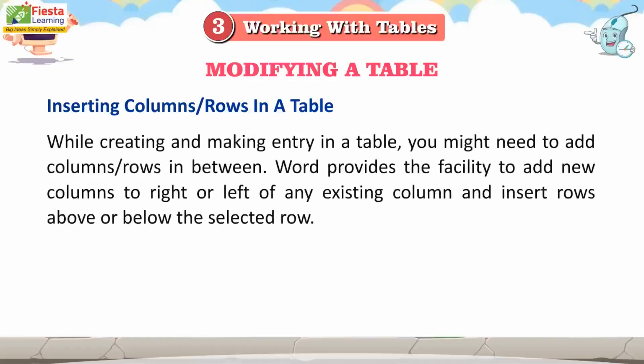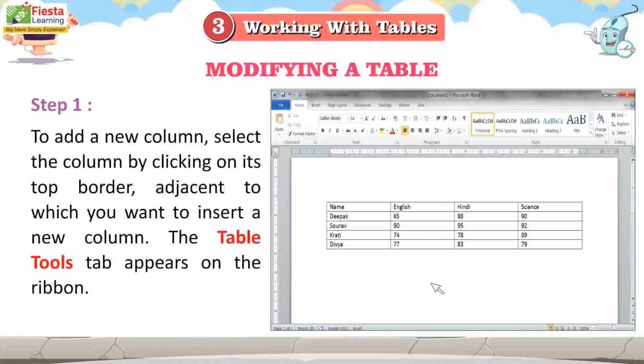While creating and making entries in a table, you might need to add columns or rows in between. Word provides the facility to add new columns right or left of any existing column and insert rows above or below the selected row. Step 1. To add a new column, select the column by clicking on its top border, adjacent to which you want to insert a new column.